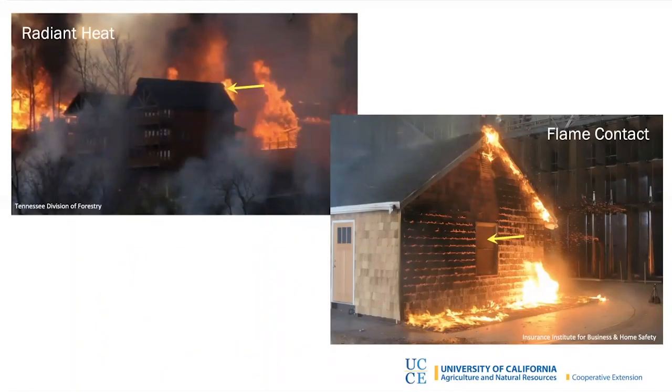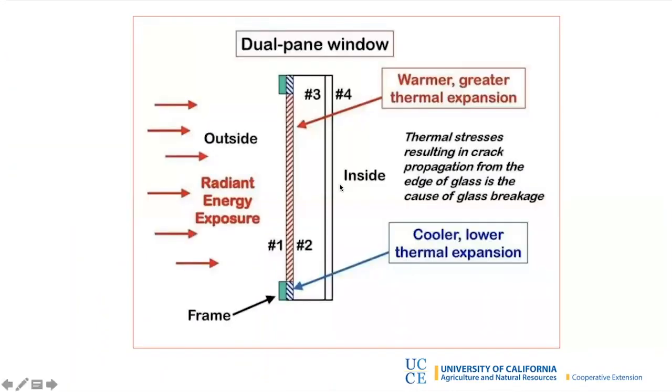And when you have multiple panes, so 2 panes or 3 panes in multi-pane windows, then this inside pane is protected until this outside pane breaks. So you have two layers of protection. You may have a damaged window because the outer pane breaks, but the inside pane hasn't broken yet.